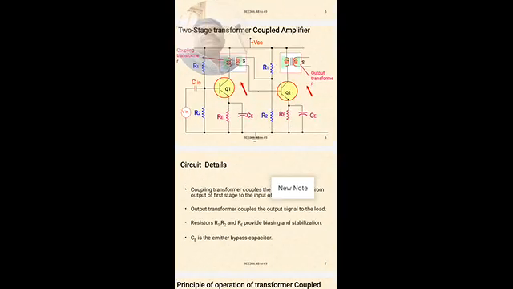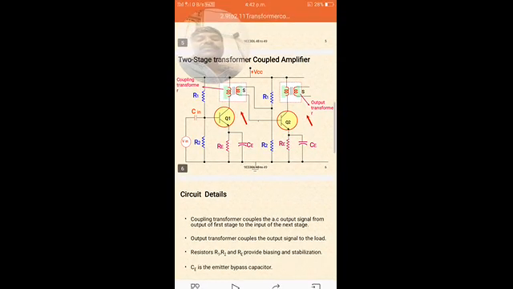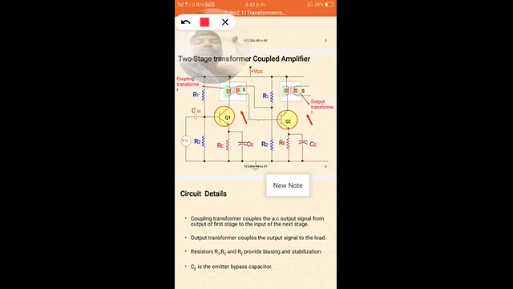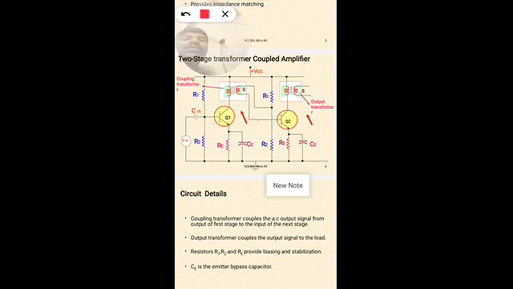Let us see the function of each component in the circuit. The resistors R1 and R2 along with VCC, R1 and R2 in the two stages, first stage and second stage, provide the necessary biasing.